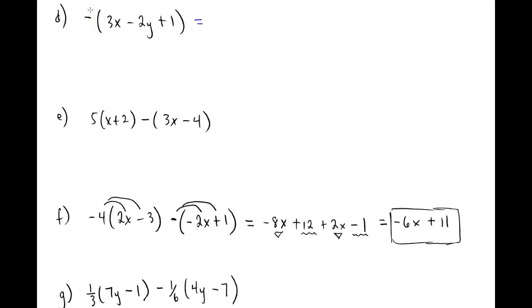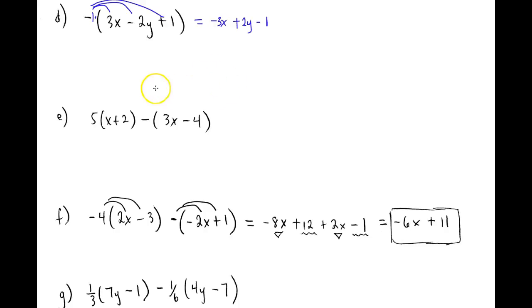So it looks like this, and now you will distribute to all three terms. And essentially what it does is it just changes the sign of each term that you have, because of course a negative times a positive is a negative, and a negative times a negative is a positive, and a negative times a positive is a negative.